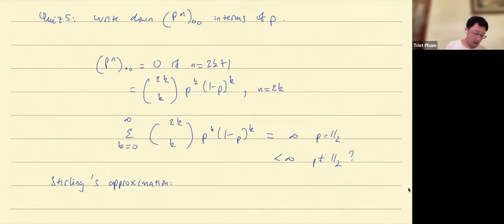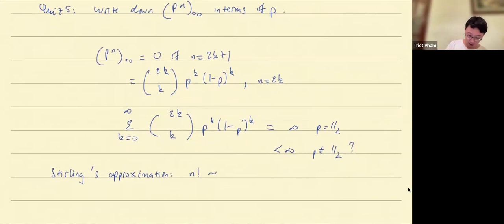It says that n factorial is approximately n to the n plus 1/2, e to the minus n, square root of 2 pi, as n goes to infinity.